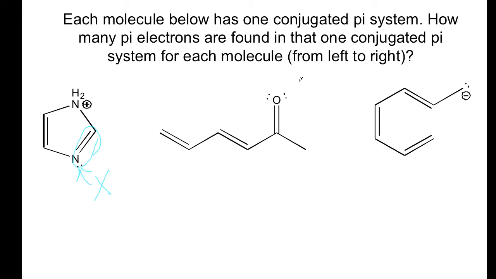The same is true for the two pairs of electrons on the oxygen atom in this part of the pi system. Because there's already a pi bond, there's no room to put additional pairs of electrons into a p orbital. On the other hand, if you look at the structure on the right, the atom on which the lone pair resides does not already have a p orbital.